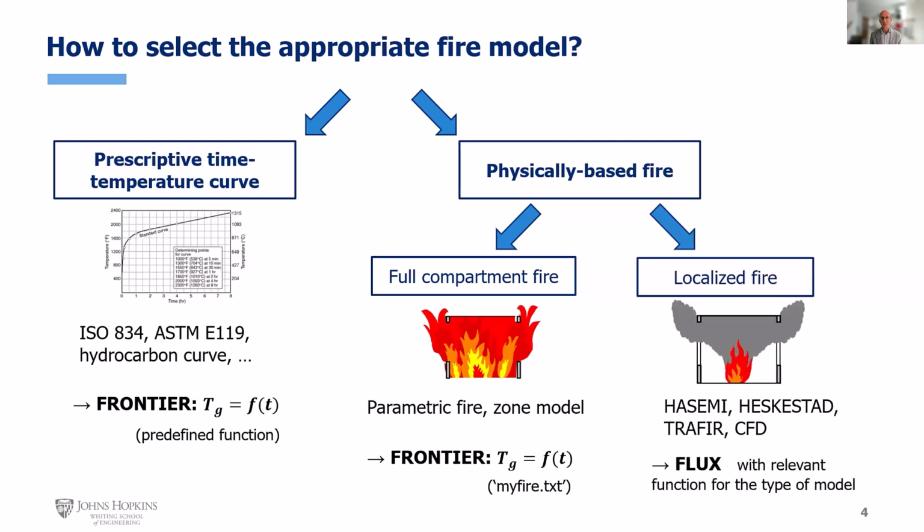When dealing with a localized fire, in contrast, the boundary condition is of the type flux, and SAFIR contains functionalities to consider different types of localized fire models, such as HASEMI, the LOCAFI, which is based on Heskestad, a traveling fire model, TRAFIR, and interfacing with CFD.